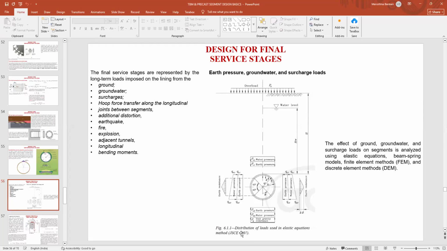The ground load means whatever the ground cover is. Then there is the groundwater.